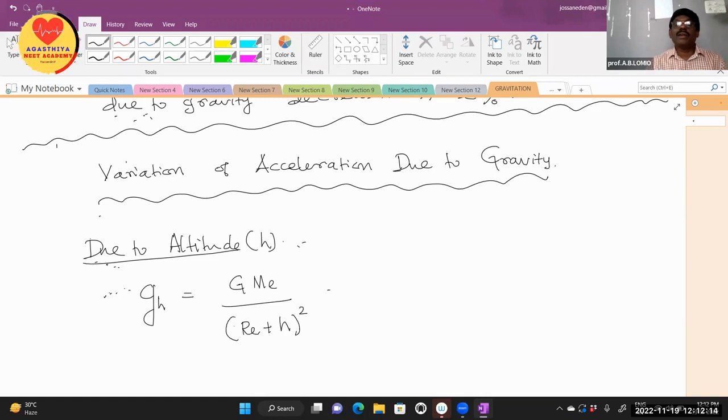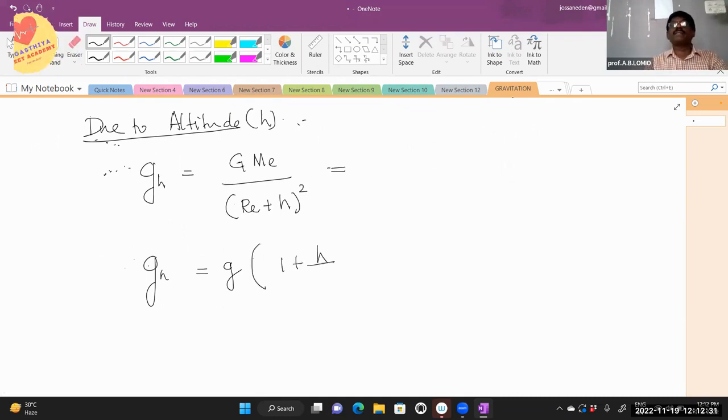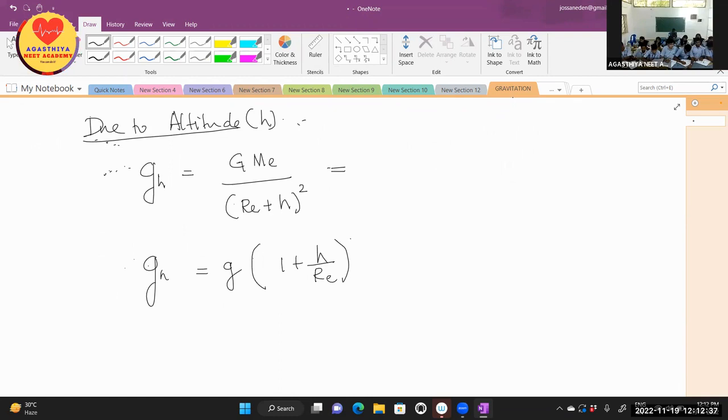Or you can use only g. Or it can be written as g_h in terms of g, where g is the acceleration at the surface: g_h = g(1 + h/R_E)^-2.